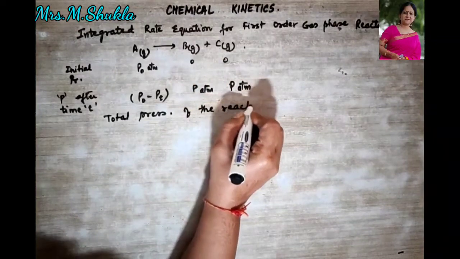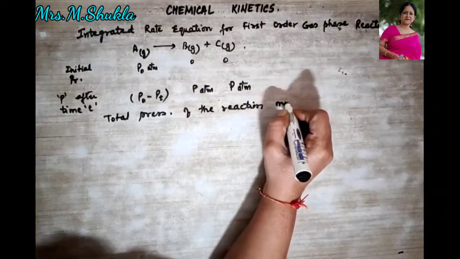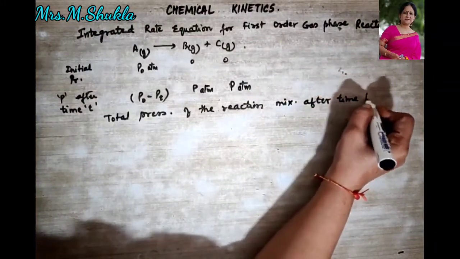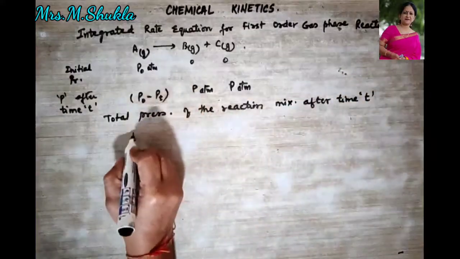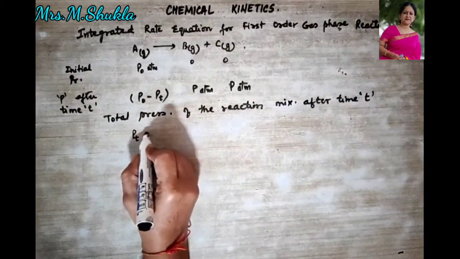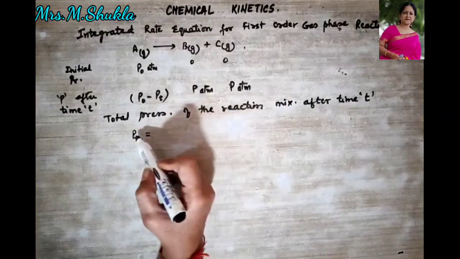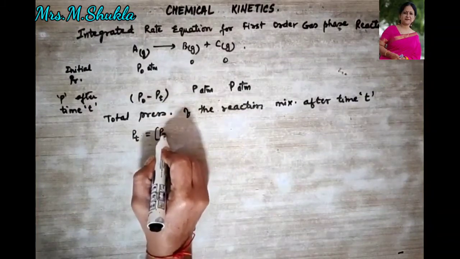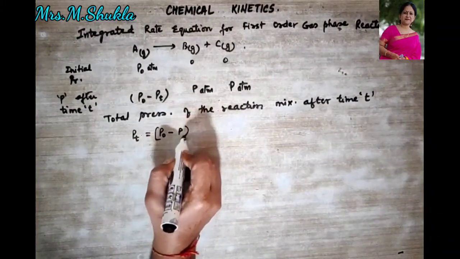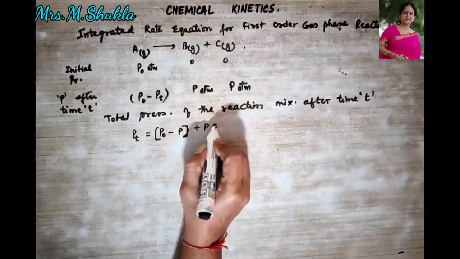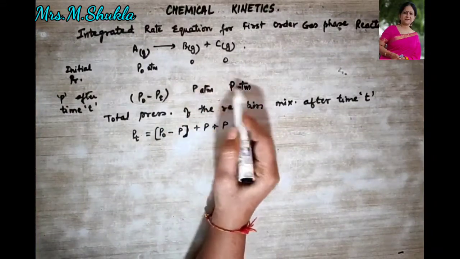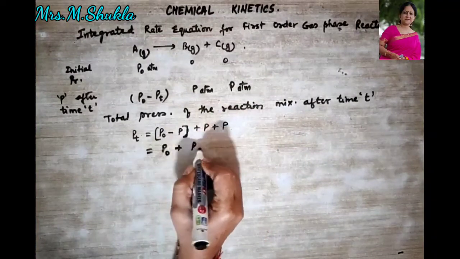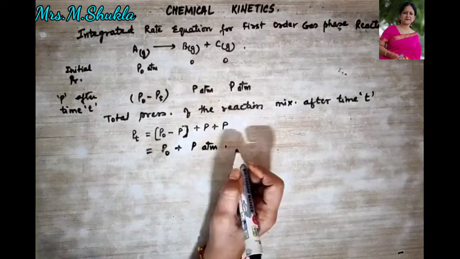Now what should be the total pressure of the reaction mixture after time T? If you check, the total pressure of the reaction mixture after time T will be equal to initial pressure minus P plus P plus P, so this will be equal to initial pressure plus P atm.